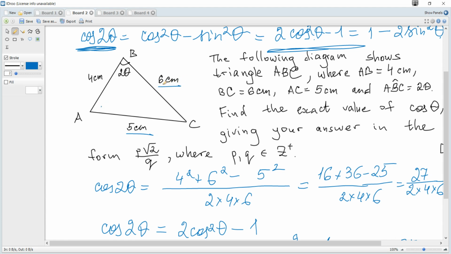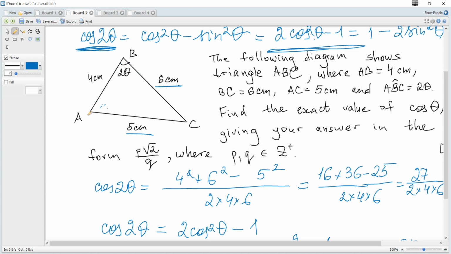And we know that for a greater side length, there will be a greater opposite angle. If 2 theta were obtuse, greater than 90, this angle A would be larger, also greater than 90, and then the sum of the 3 angles of a triangle would be greater than 180, which is impossible.